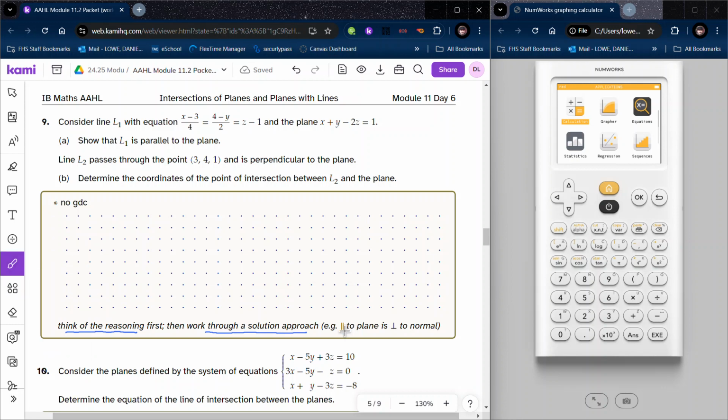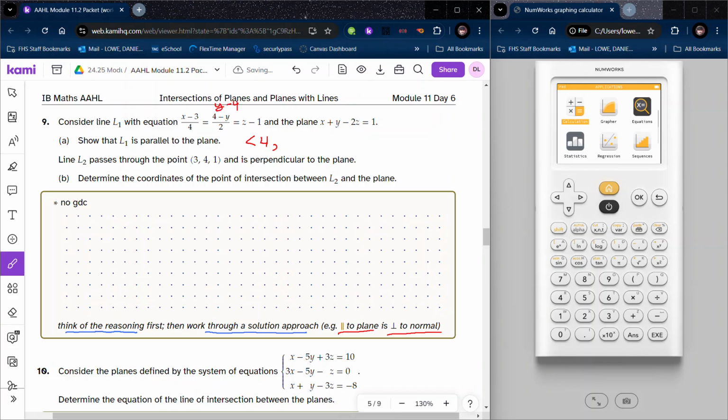All right, so for example, if I know I'm parallel to the plane, I know I'm perpendicular to the normal. So I might look at this and say, what is the directionality that I have? So x minus 3 over 4 for the line in the x direction is 4. 4 minus y, I know that's not written the way I would like it to be. I need it to be y minus 4.